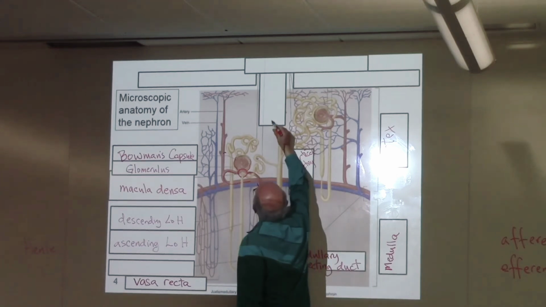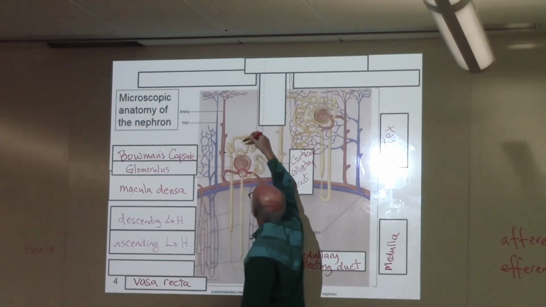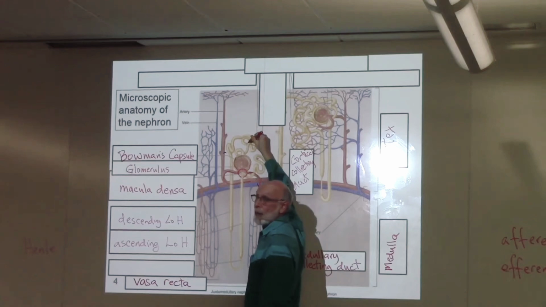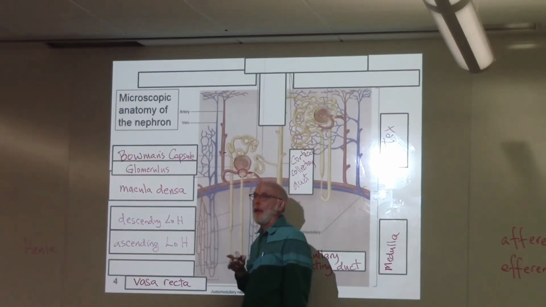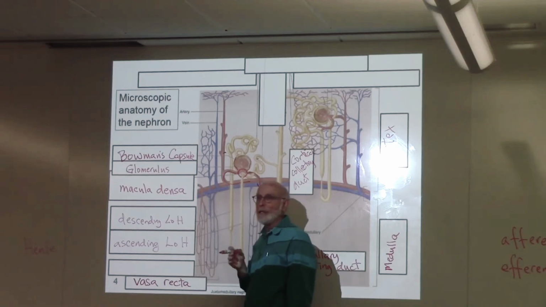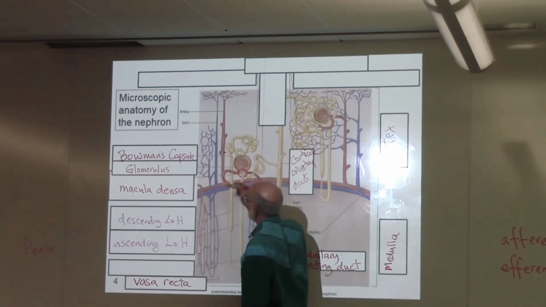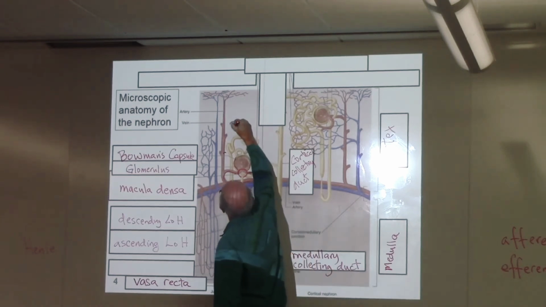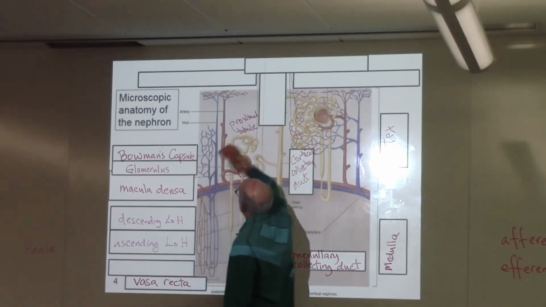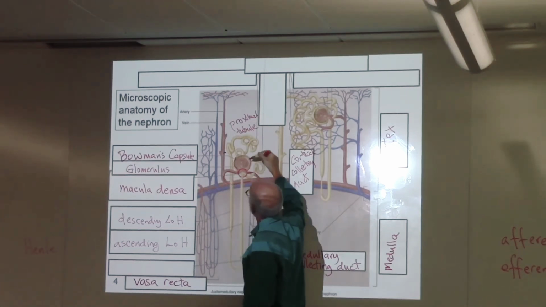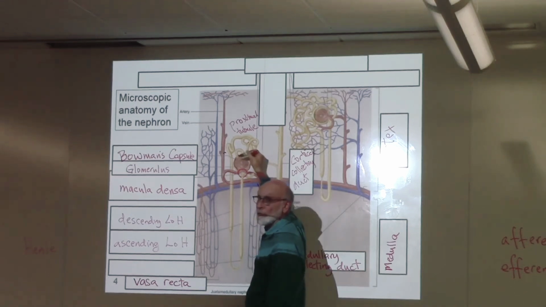What is this? The proximal tubule. Like thick and thin, I will not be getting into the weeds of convoluted versus straight. So this is the proximal tubule. Proximal because it is near the glomerulus.